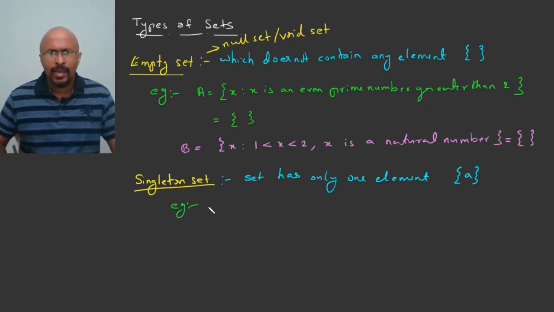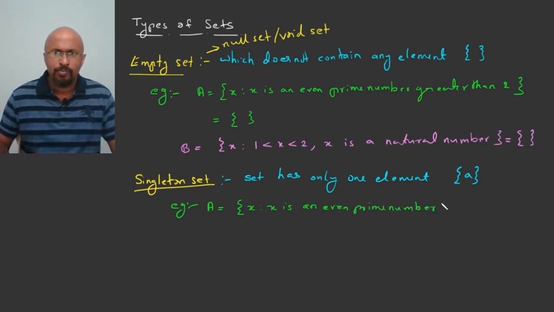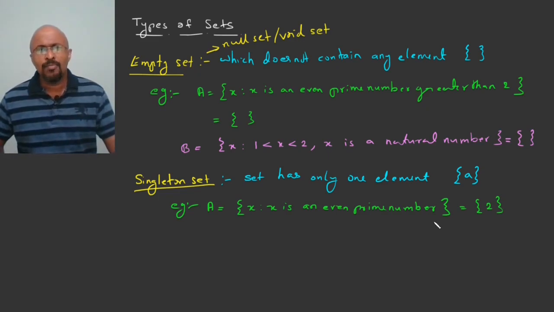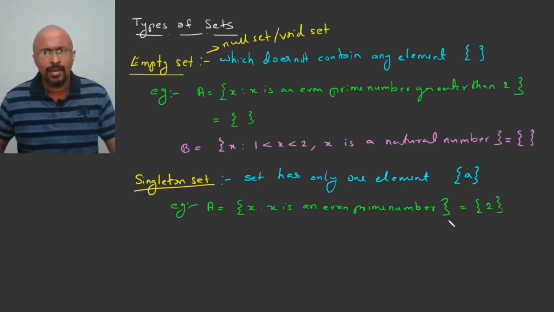So we can write the example of a singleton set as set A is the set of all x such that x is an even prime number. And we know it only consists of one element, that is 2.